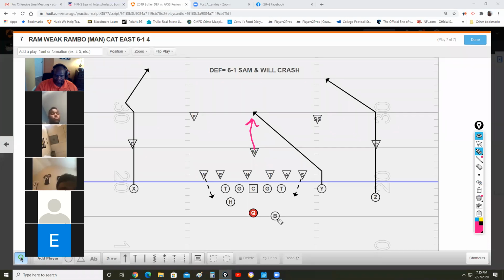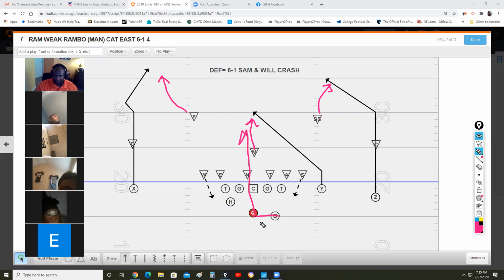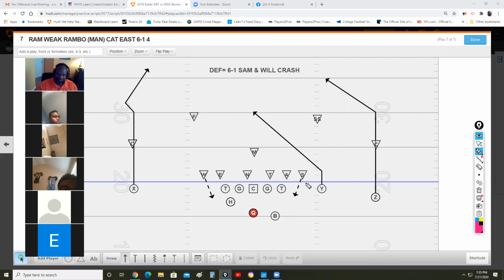Running back on the draw right here. And he might be running behind him for a minute till the guy figures out what's going on. Or we could screen, especially if they're bringing the guy hot off the edge. We fake like we're going to block and then come out for the screen.